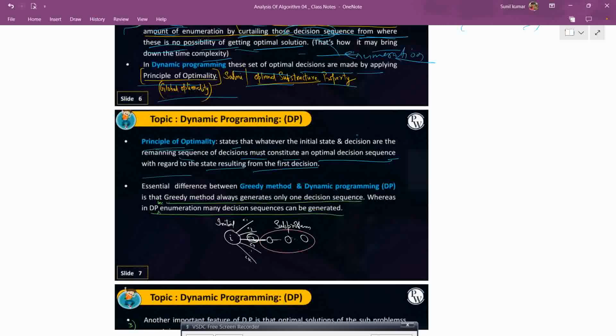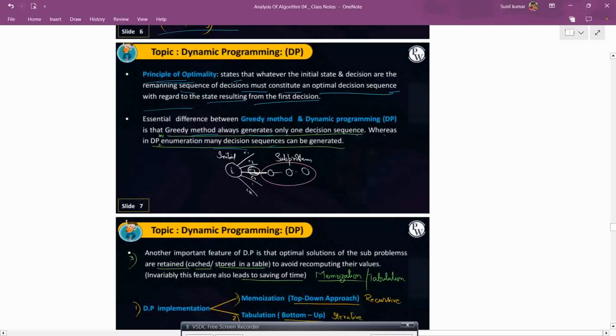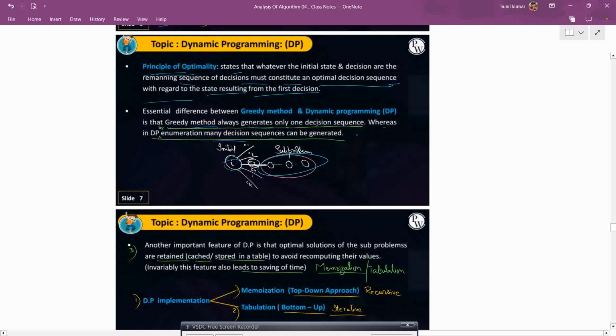The essential difference between greedy and dynamic programming is that the greedy method always generates only one decision sequence, whereas DP enumerates many decision sequences. Say this is a subproblem and this is the initial state. Whatever decision we take, this or this, the least subproblem should be optimal.